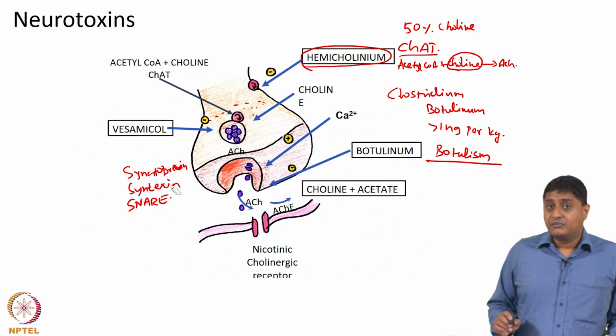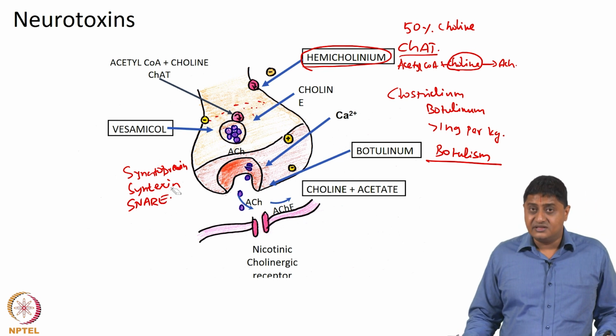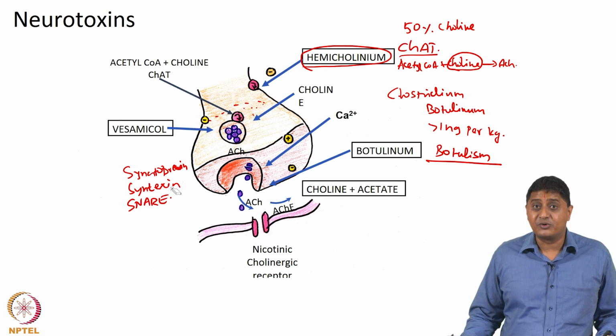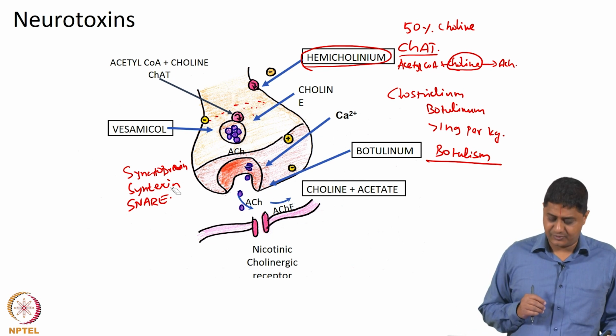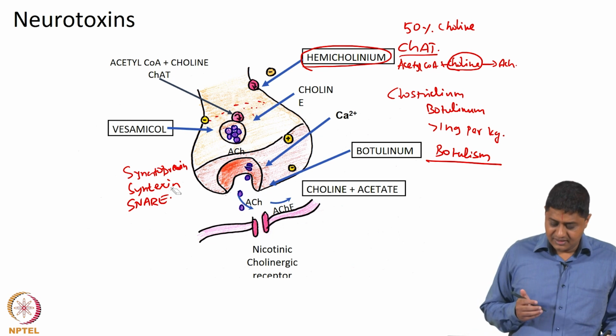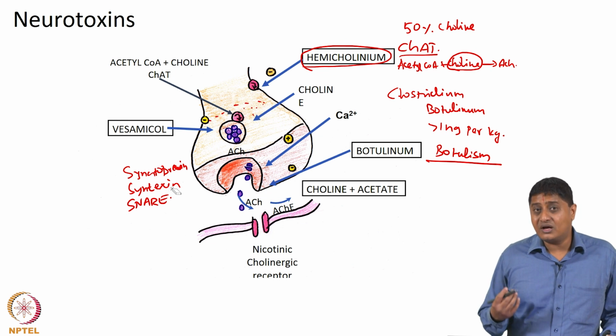Botulinum toxin prevents the ability of these SNARE proteins to interact. Basically, it cleaves the SNARE proteins. Then the vesicles can no longer fuse with the membrane and exocytose the acetylcholine.